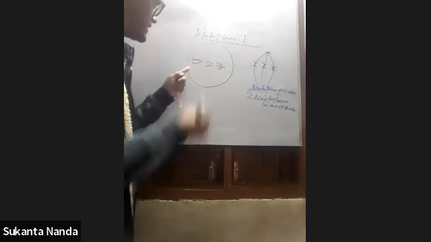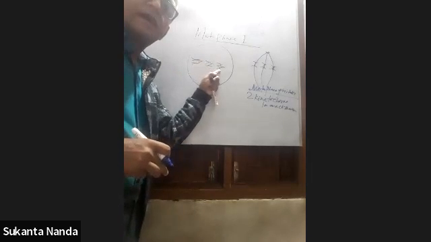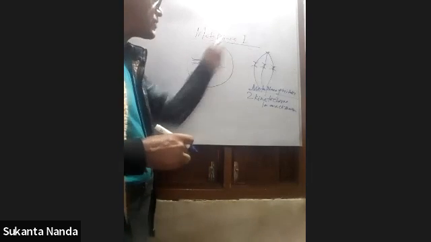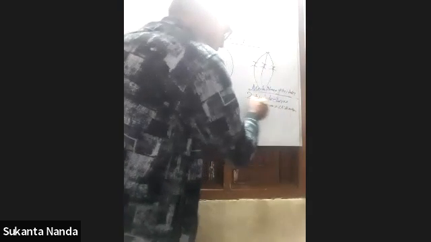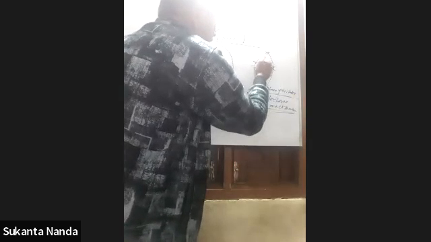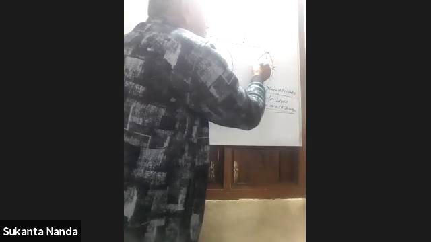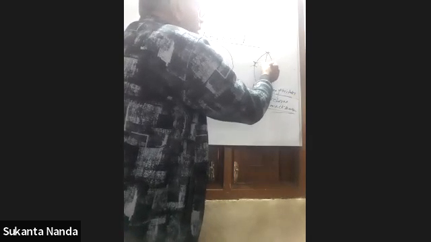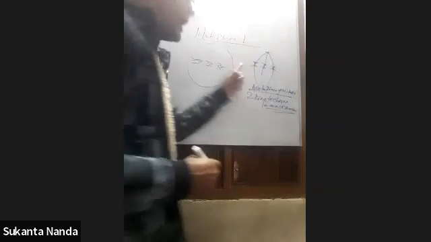Here you can see paired structures, homologous chromosomes, in metaphase 1 of meiosis. In metaphase of mitosis, two kinetochores are found in one chromosome. Here is a chromosome with one kinetochore and another, so one chromosome has two kinetochores.